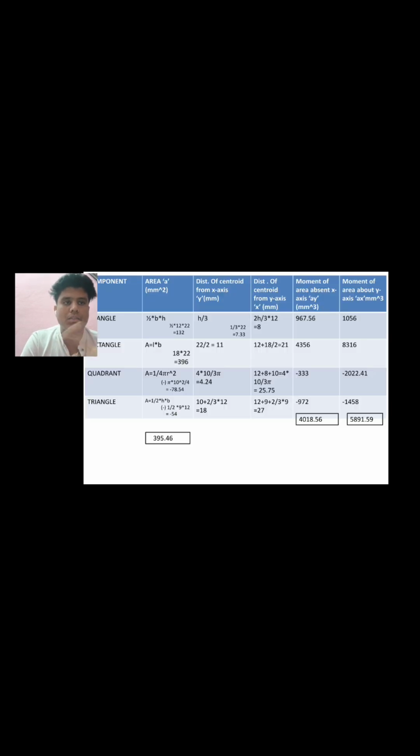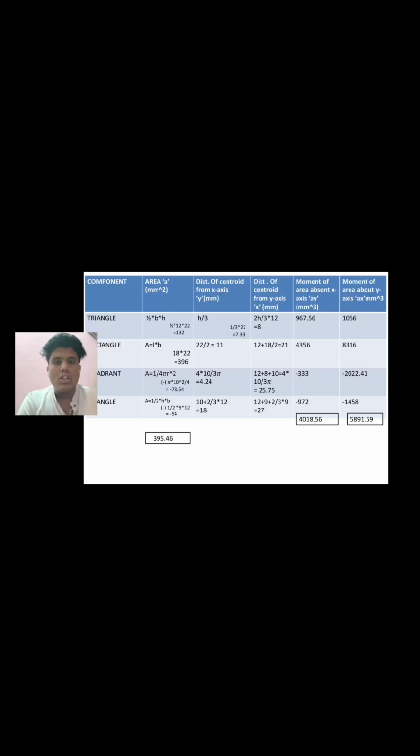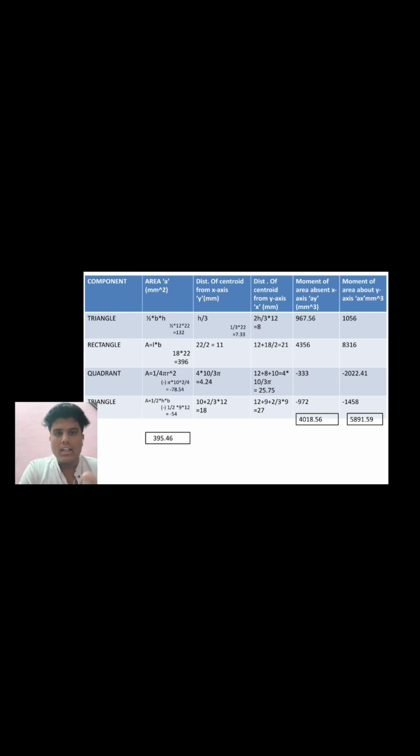So like this we will separate these components. First is the triangle, next is the rectangle, next is a quadrant, and next is a triangle.